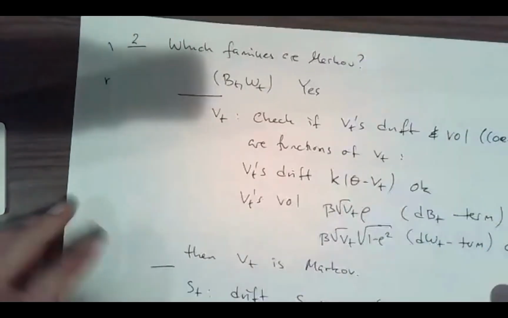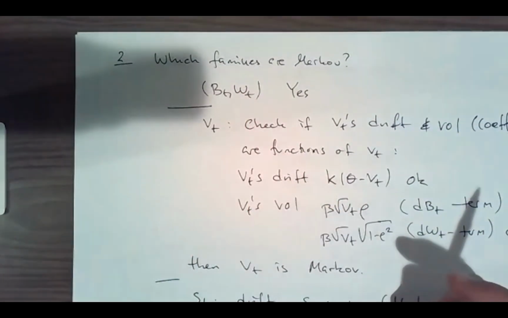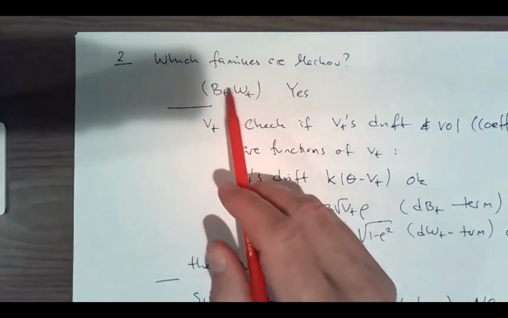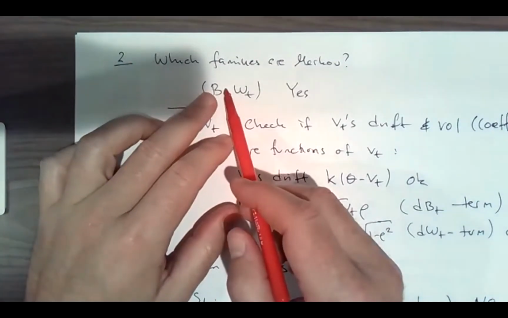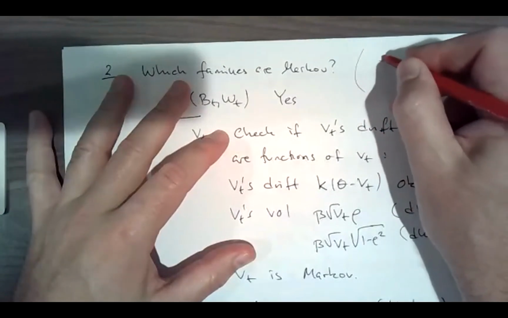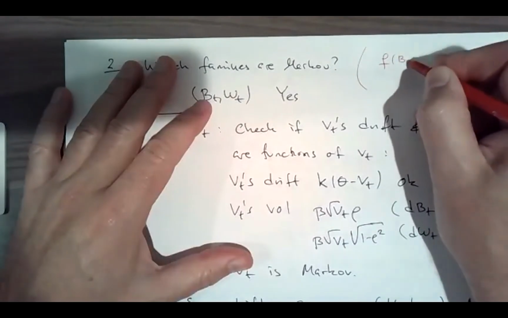There's a question about B and W being Markov. I think Ibrahim did that in the very beginning. We proved that B_t was Markov. The way that you prove that B_t is Markov is you look at f of B_t.